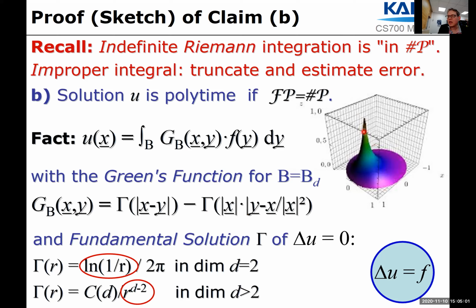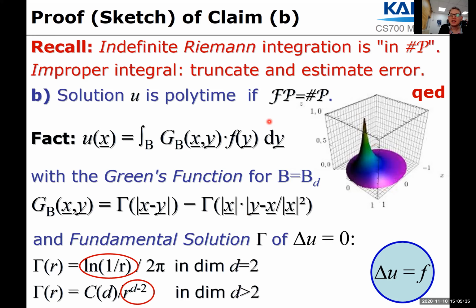It will have large values, but not too large values, so that the now proper Riemann integral can still be computed in sharp P. So that's the gist of Florian Steinberg's proof that Poisson's equation can be computed in sharp P, basically.